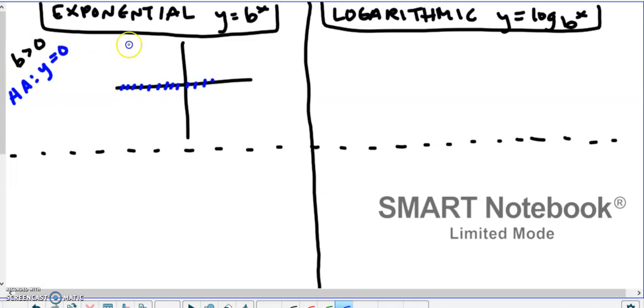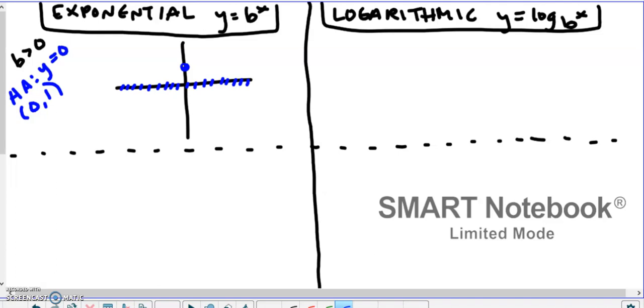So all of them had that. There was a y-intercept at 0, 1. And we talked about that because when x is 0, you have b to the 0, and anything to the 0 power is 1. So when x is 0, y is 1.